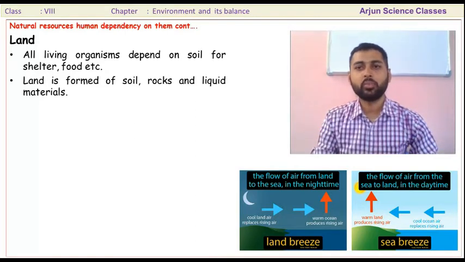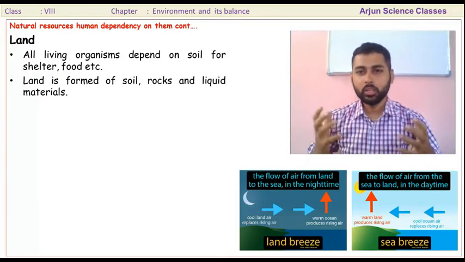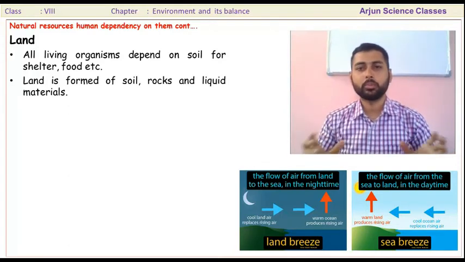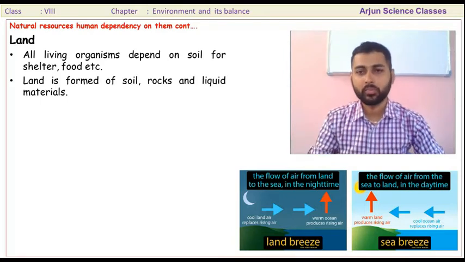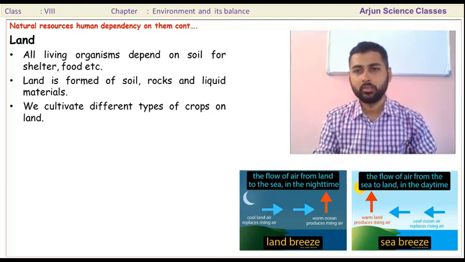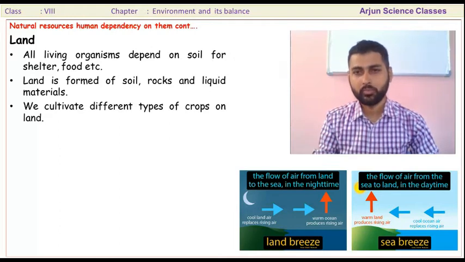Some land is fertile and some land is non-fertile. We can grow various types of crops on the fertile land, but it is very difficult to grow various types of crops on the non-fertile land or the rocky land. So we cultivate different types of crops: paddy, maize, wheat, etc. on the fertile land.